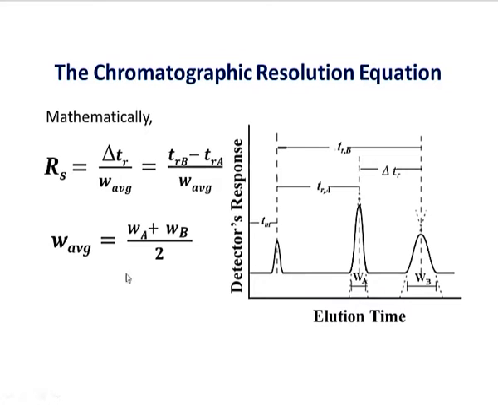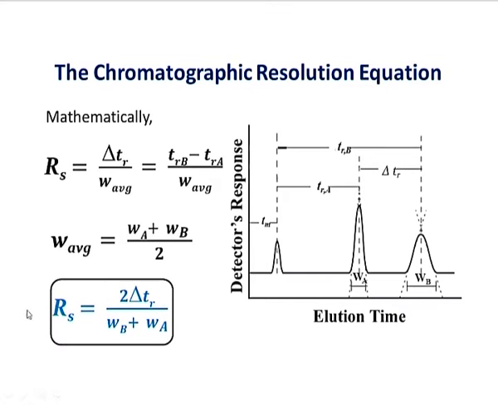Now, putting this value into this equation, delta TR upon W average, we get resolution equals twice delta TR upon WB plus WA. So, that is the equation of resolution.